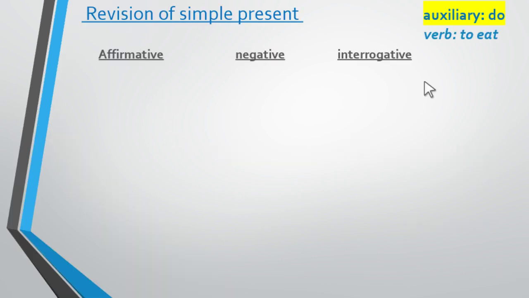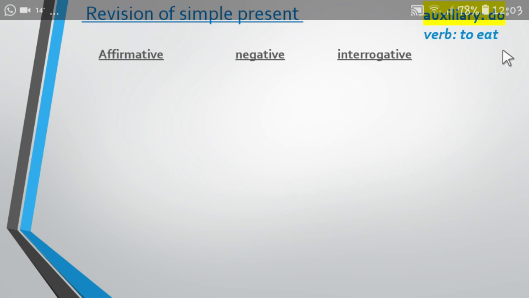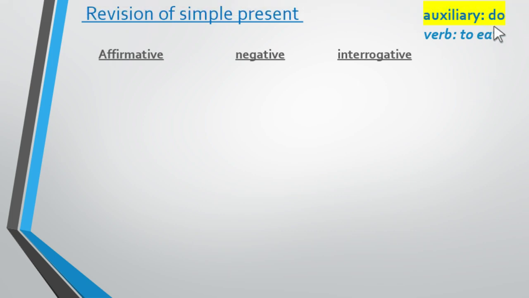There we go. Simple present. So the auxiliary that we're going to be using is do here, and then we're going to conjugate the verb to eat. And as you know, we're using the auxiliary only in the negative form and the question form. So let's get started. Affirmative form, negative form, and question form, we'll be going through all together.